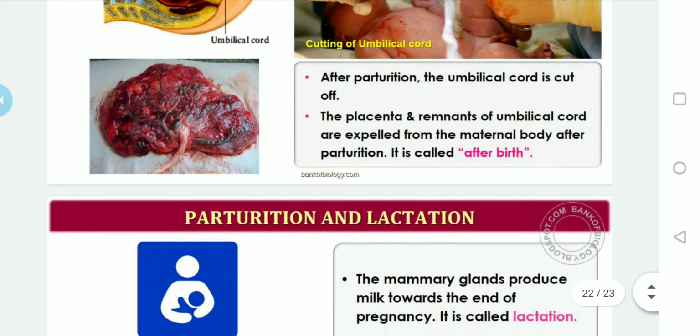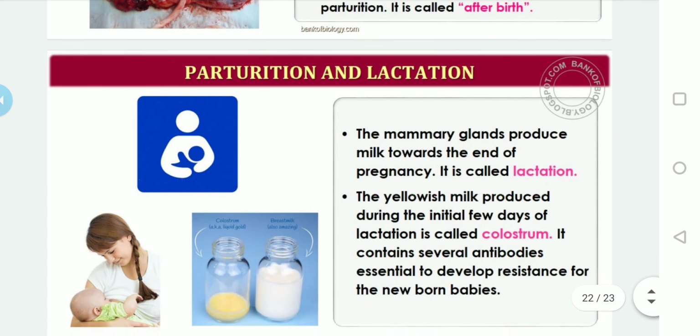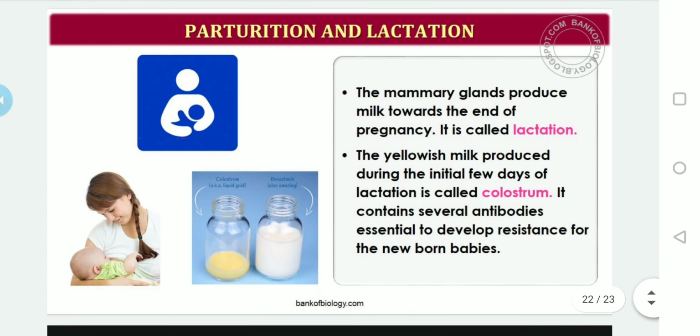The last topic is what happens next after the parturition. If it is a natural process, surely there will be lactation. Then the question arises, what is lactation? The mammary glands undergo differentiation during pregnancy and start producing milk towards the end of the pregnancy, by the process called lactation.